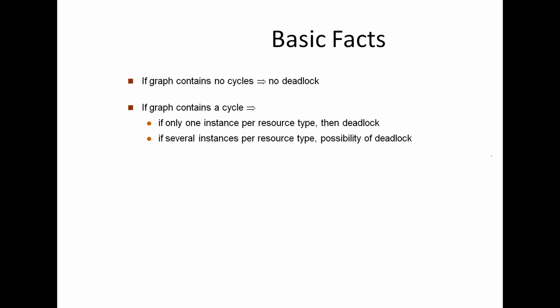If the graph contains a cycle, then both possibilities are there: there may be a deadlock or there may not be. If there is only one instance per resource type, then deadlock occurs. If there are several instances per resource type, then there is only a possibility of deadlock.